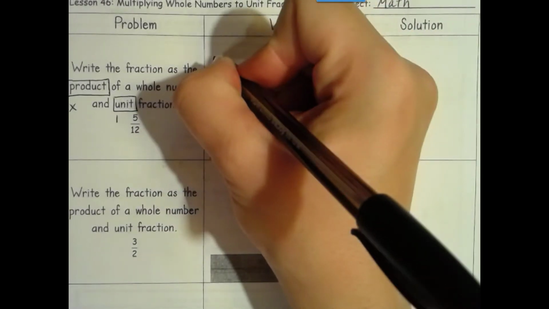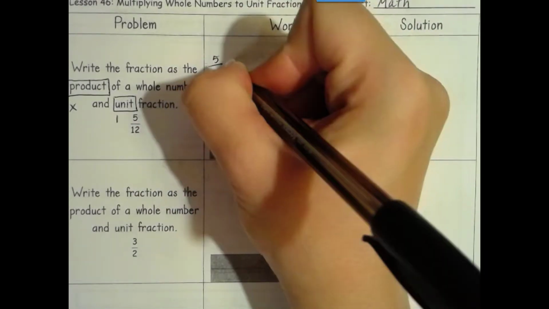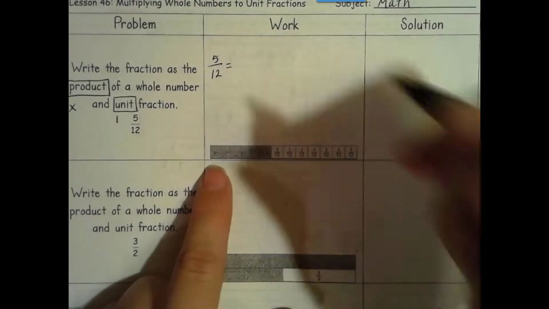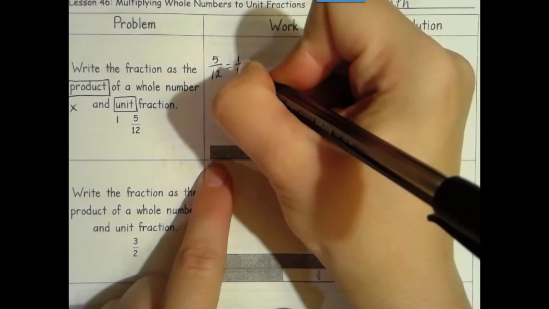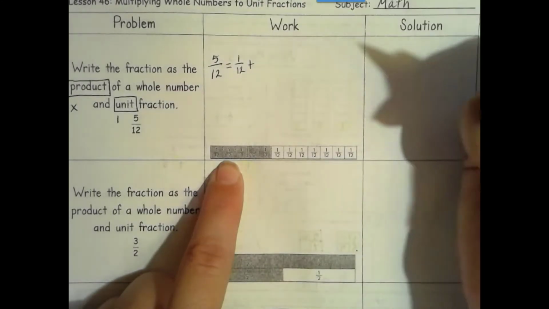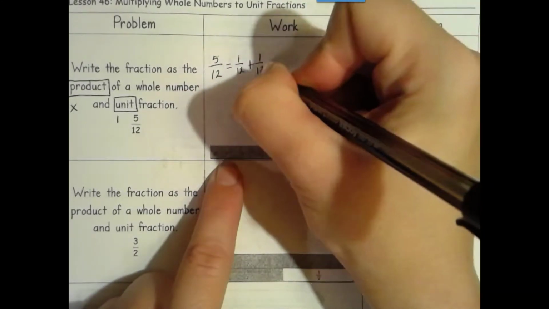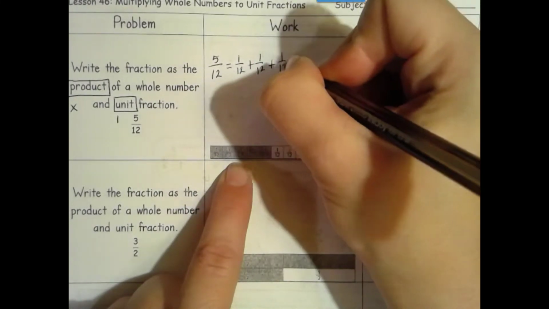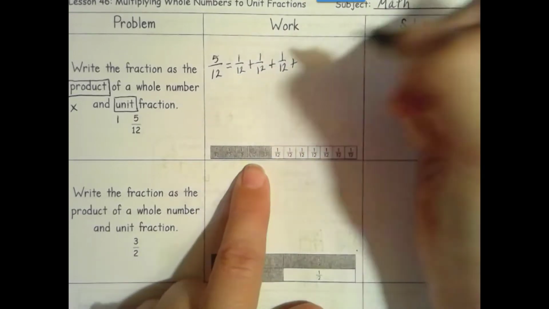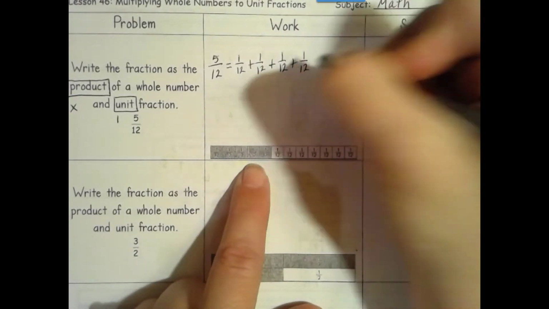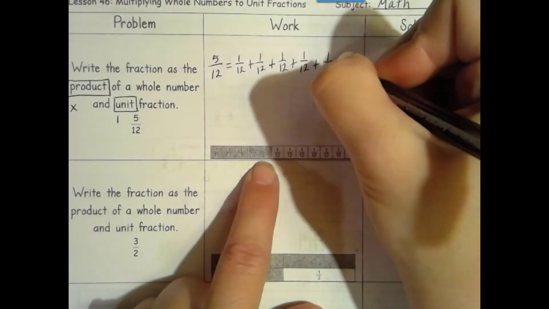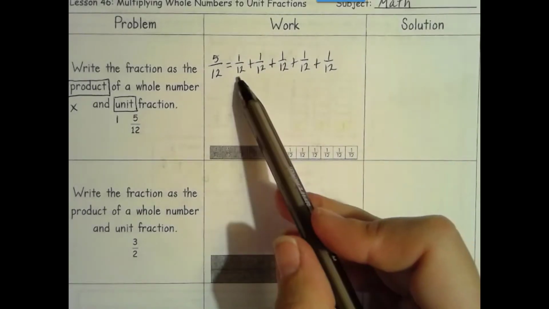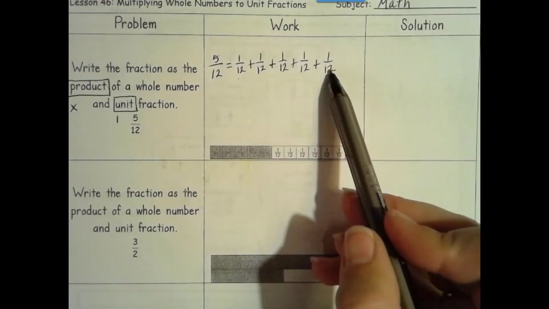We've looked at decomposition with unit fractions, where we have 1/12 plus 1/12 plus 1/12 plus 1/12 plus 1/12. Are these equal amounts?